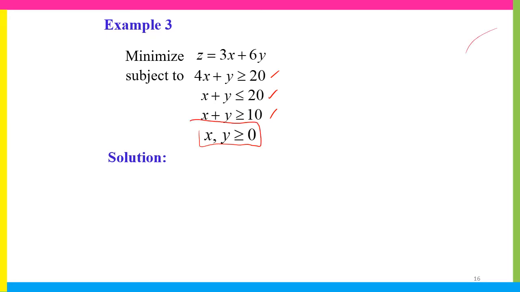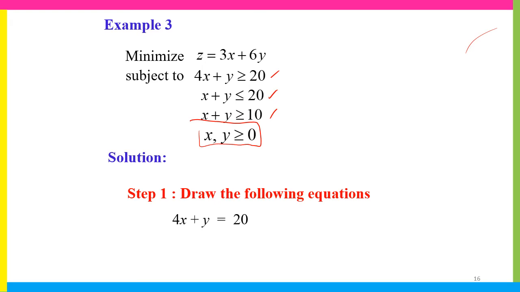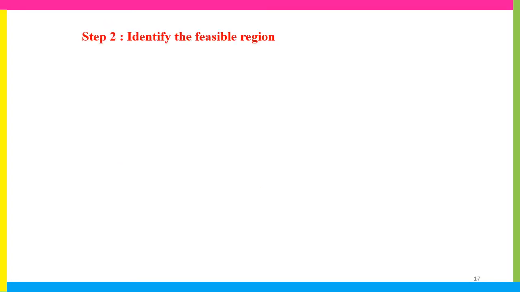Okay, so first of all, draw the three equations that we have here: 4x plus y equal to 12, x plus y equal to 20, x plus y equal to 10. We draw the lines and then identify the feasible region. So we have the graph here, x and y axis.